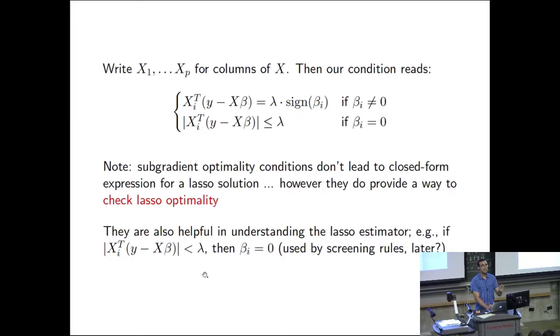Then we can already say a priori that that beta I will be 0. If we could ensure that at optimality we get a strict inequality here, then we know that variable is not going to be in the model, because if it was, we'd have to have it equal to lambda or minus lambda from these subgradient conditions. So just reading off a bunch of facts there.